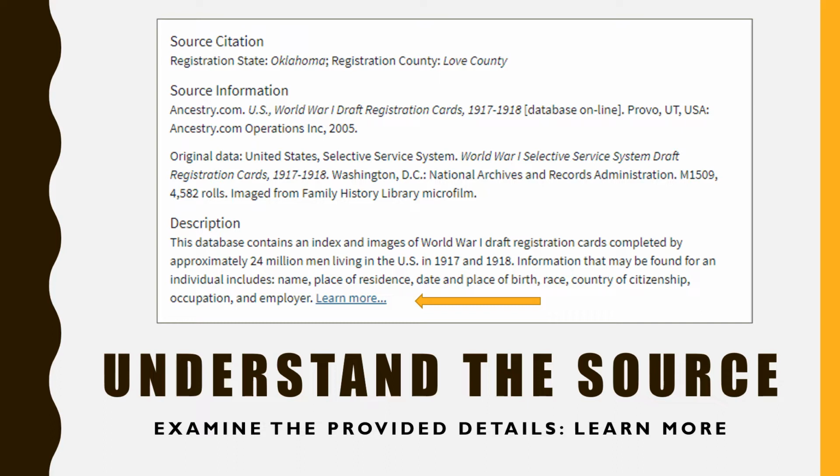So we're going to want to do a little more with this information, now that we understand that this source came from the National Archives, that Ancestry created a collection for it, and that it came originally from Oklahoma and Love County. So many moving pieces of this source.